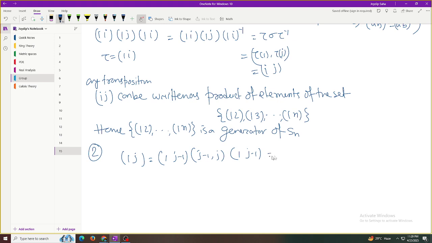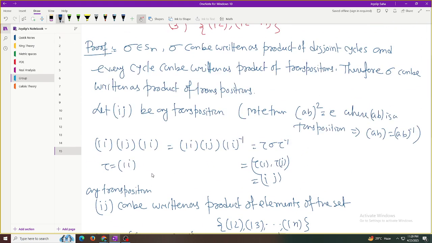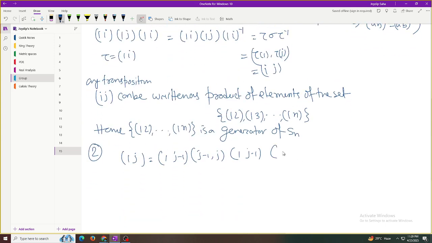Same thing, I write this check because this is tau sigma tau inverse. So check that, is it true or not? Okay. Now this is a generator, and each generator can be written as a product of this. Therefore B is also a generator.